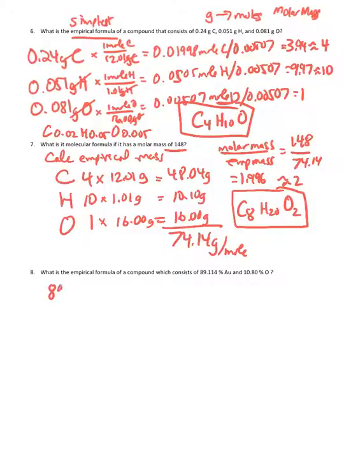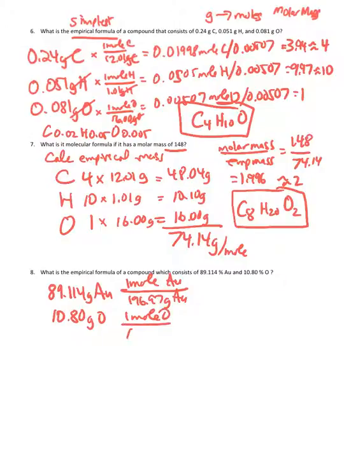So 89.114 grams of gold and 10.80 grams of oxygen. 1 mole of gold is 196.97 grams, and 1 mole of oxygen is 16.00 grams.